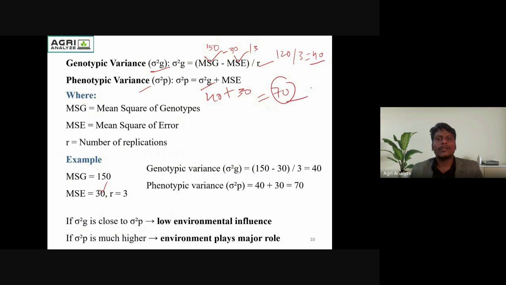If the genotypic variance is close to the phenotypic variance, it means low environmental influence. If the phenotypic variance is much higher, then the environment plays the major role.